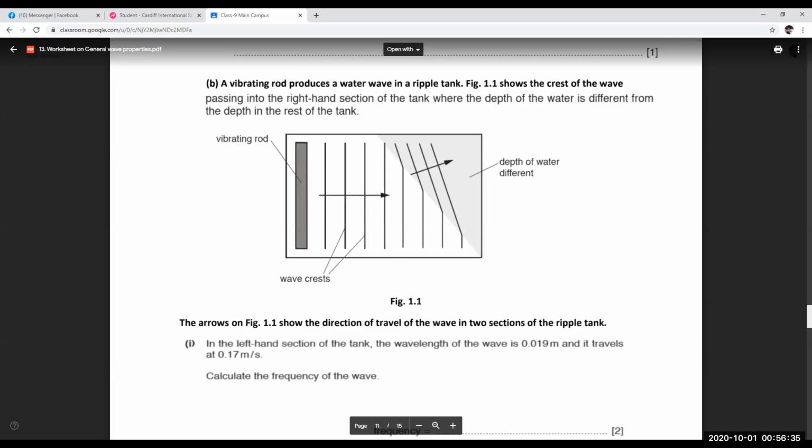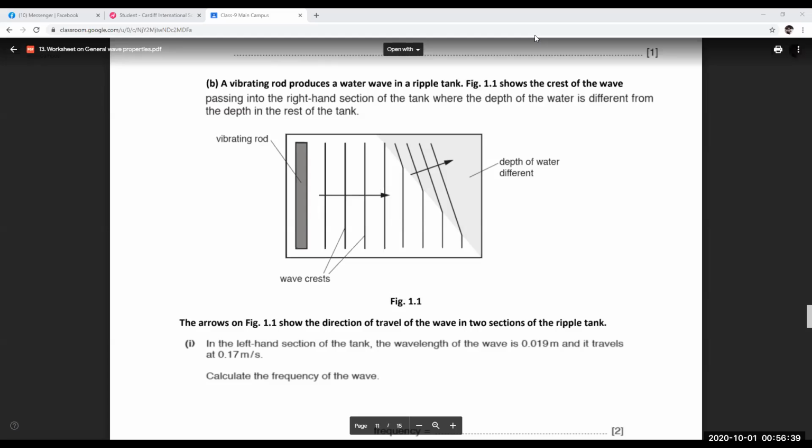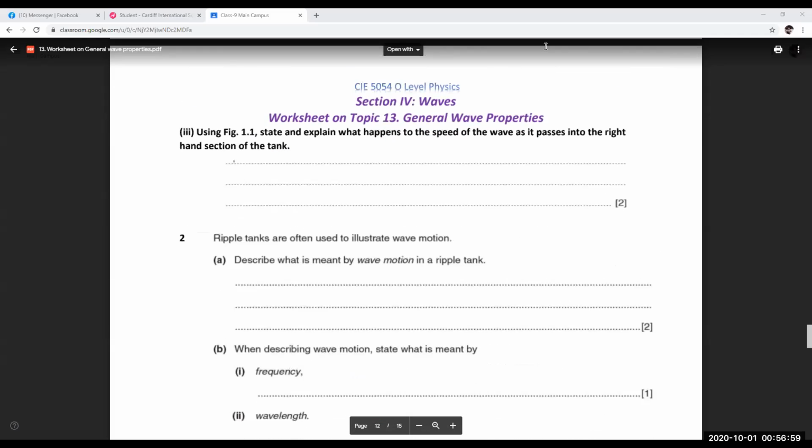So the speed will decrease. Very good. Why does speed decrease? Because the wavelength decreases. Excellent. So it is clear to you, right? So you write it, Shimanto, what Saad told: speed decreases as the wavelength decreases.